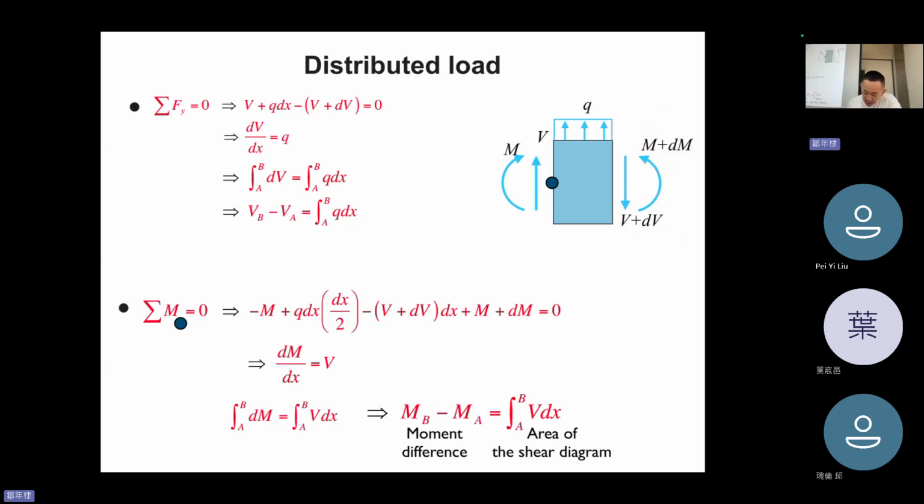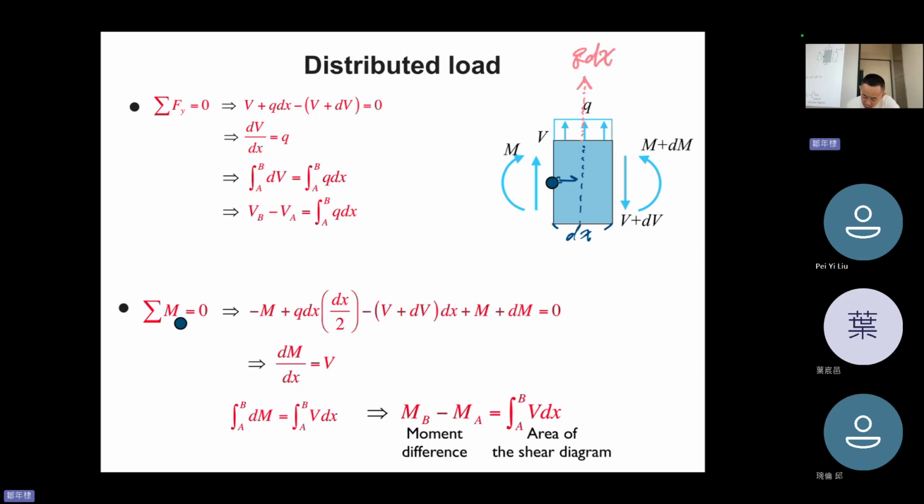So you can see that this dx, okay? It has a small dx, and on this dx, you have a distributed load Q. So you have a Q dx, and of course, Q dx is an effective load, right?